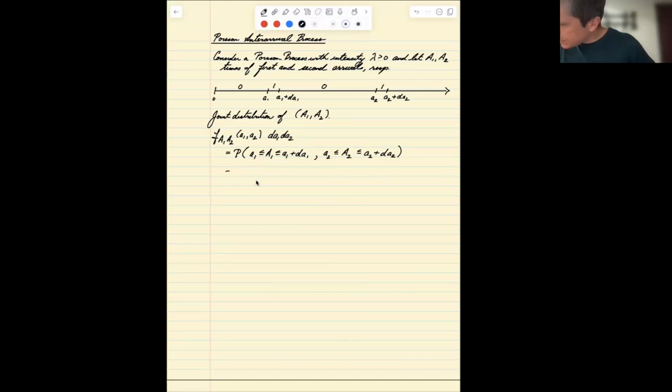In order for this to be true, we need exactly 0 occurrences in the first a1 units, exactly 1 in the next dA1, 0 up to time a2, and then another 1. So we just have a bunch of non-overlapping subregions.